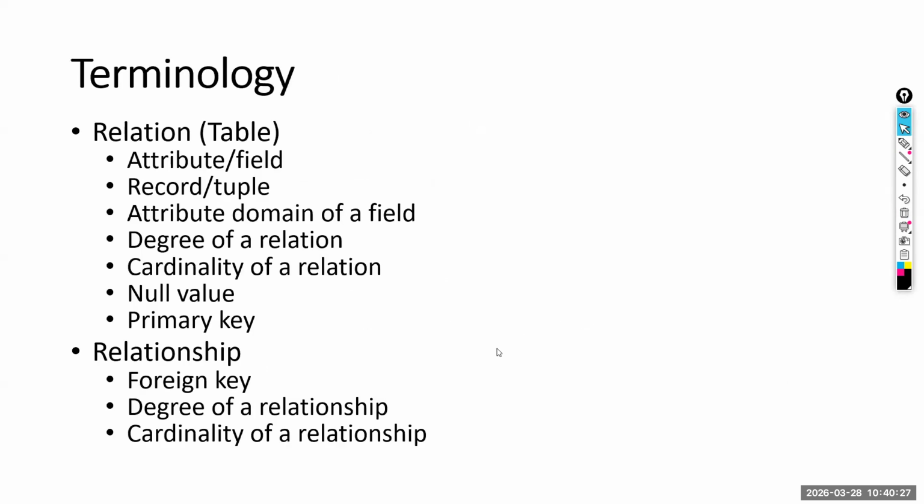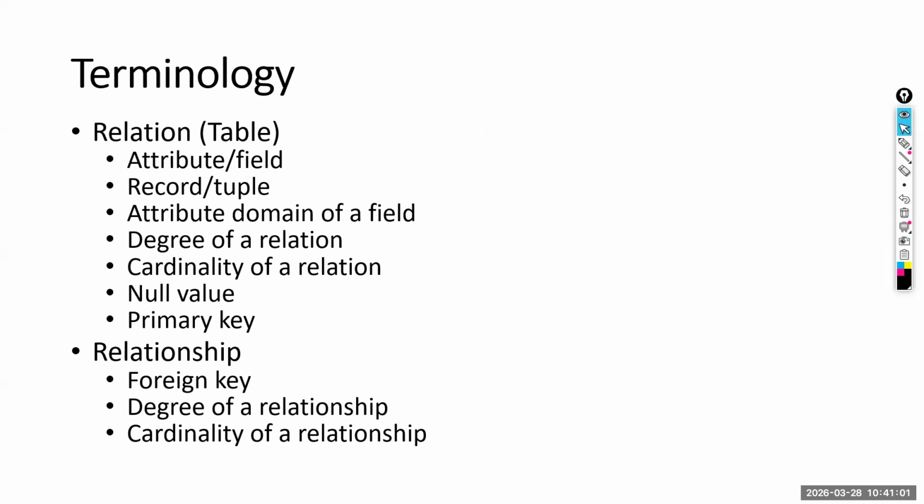Right. So in logical design, we sometimes borrow the same terminology from analysis. In some cases, we use slightly different terminology. For example, rather than entity, here we call it relation, or table. But for relationship, we use the same name. Rather than identifier, we use the concept called key.